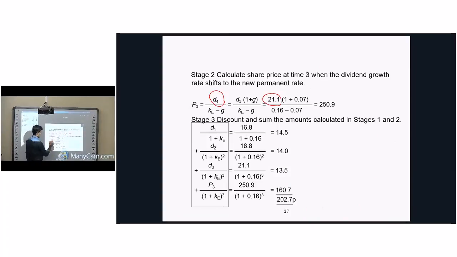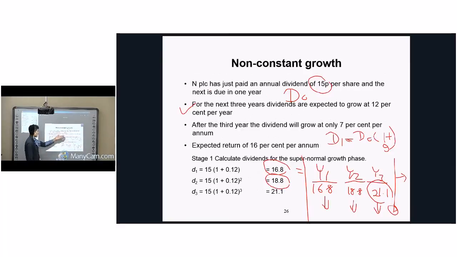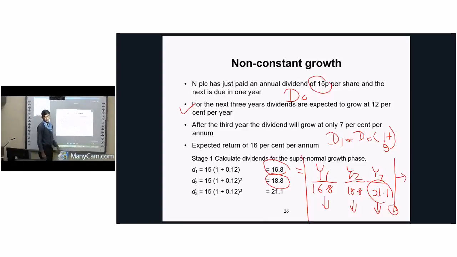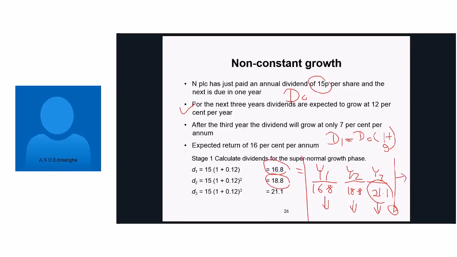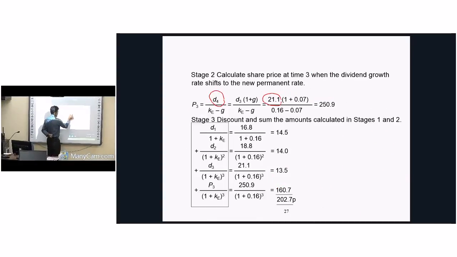Ke is given as 16%, and now your new growth rate is 7%. So if you apply that, you will get 21.1 times 1.07 divided by Ke minus G.